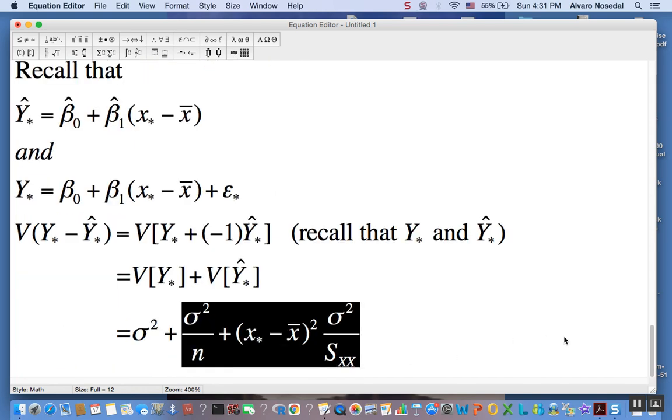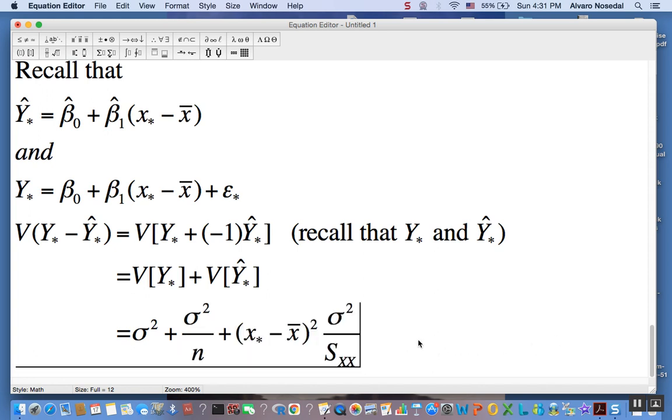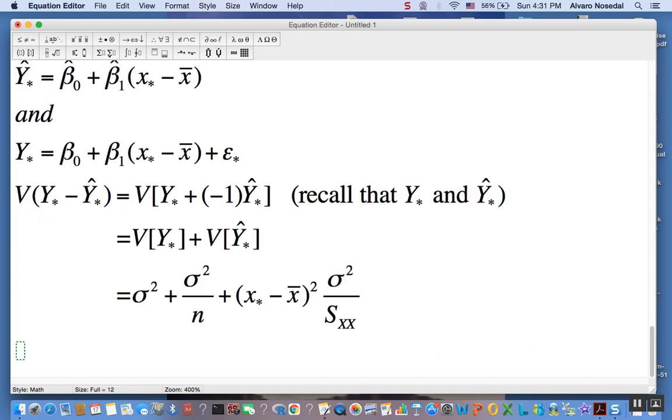So let's just copy and paste that expression. Make sense? Now let's try and make it look a bit nicer. We're going to factor out that sigma square.